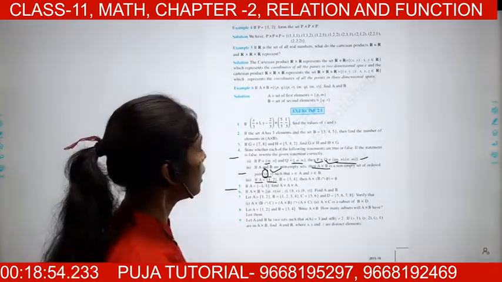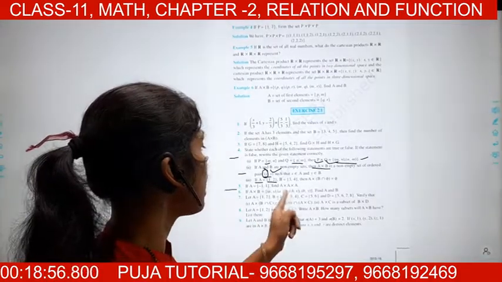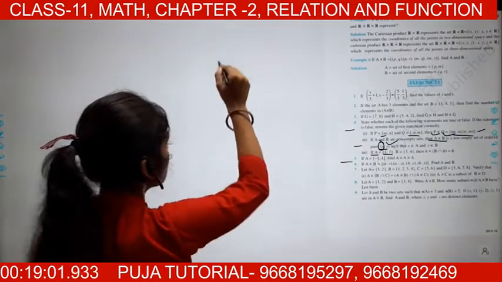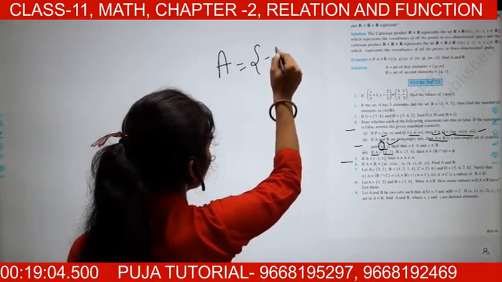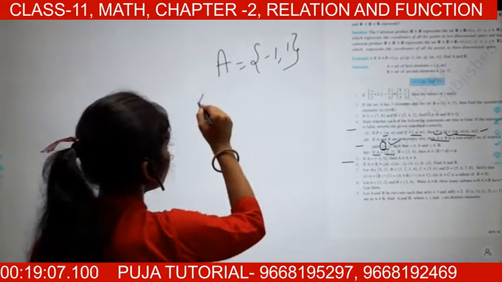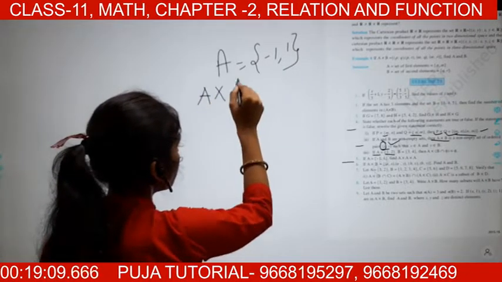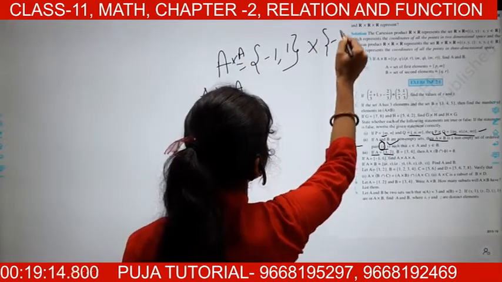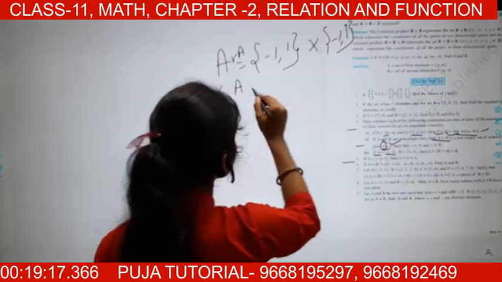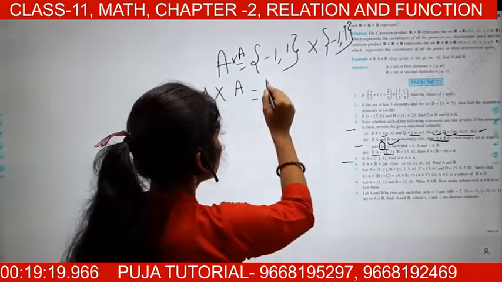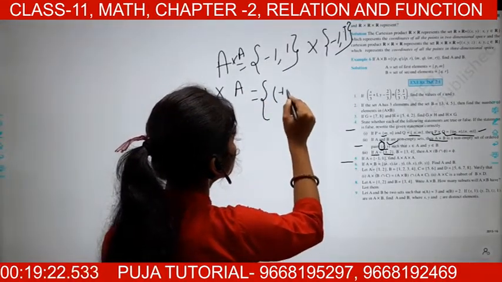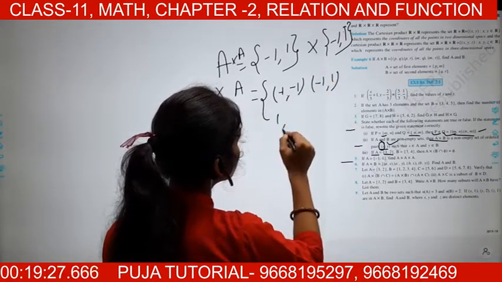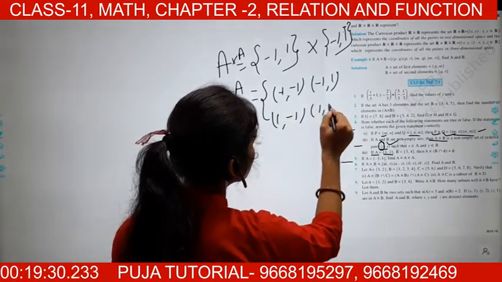Question number 5. If A is equal to {-1, 1}, find A cross A. Let us suppose A is equal to -1 and 1. Then A cross A will be, what will the answer be here? -1, -1, -1, 1, 1, -1 and 1, 1.